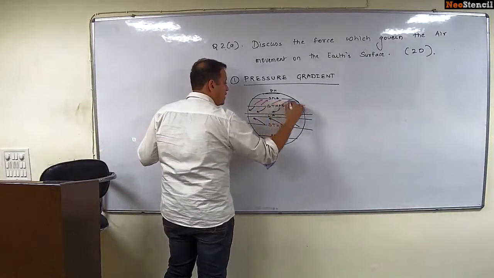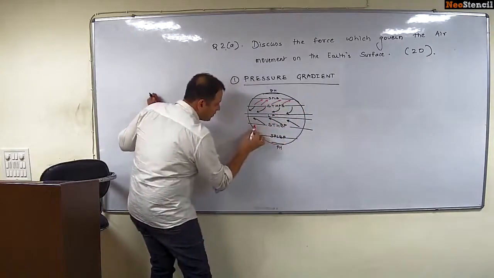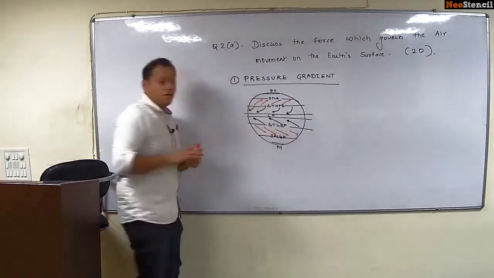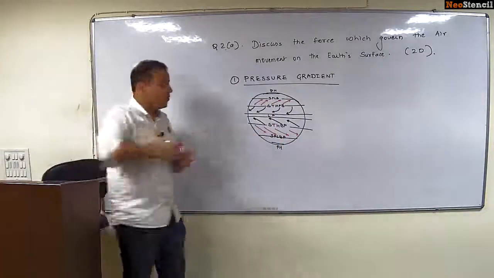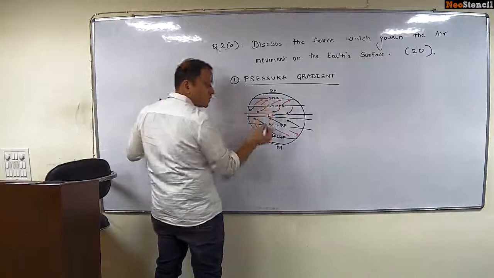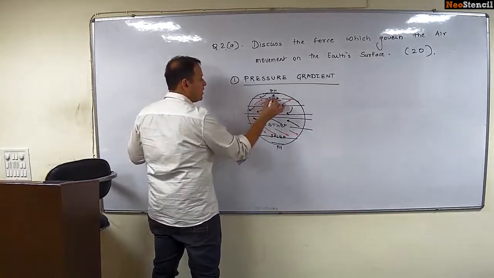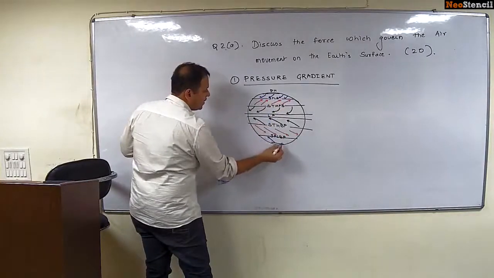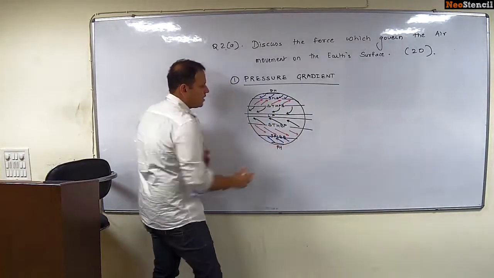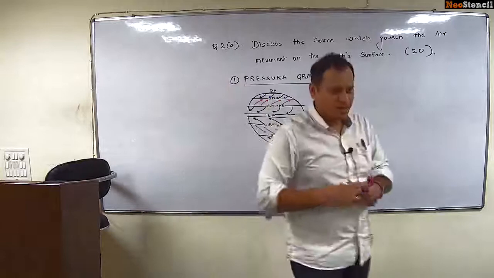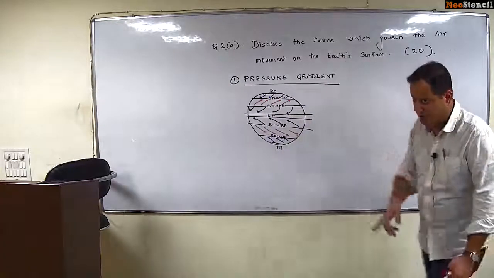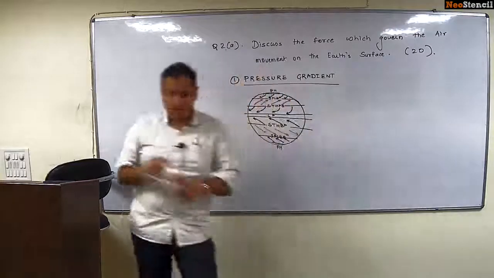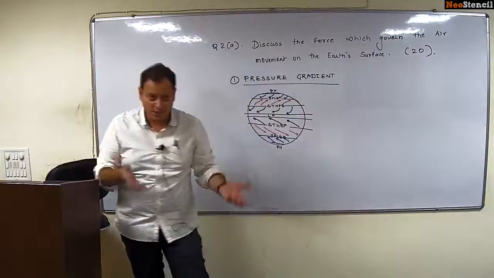We are drawing the westerly winds in this direction, and the third winds which originate from the extremely cold polar high pressure belt to the subpolar low pressure belt are the polar easterly winds. So we have the polar easterlies moving in this direction. So one is the pressure gradient force. You should also mention that the greater the pressure gradient, the greater will be the speed of the winds. An example we see in tropical cyclones.